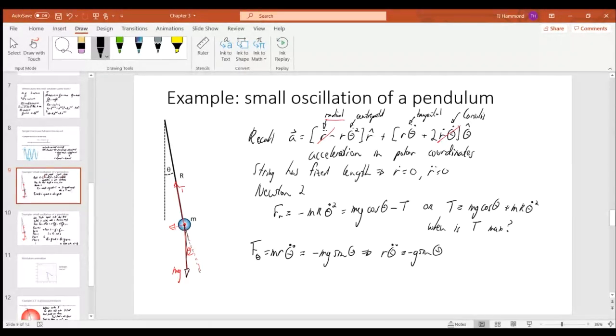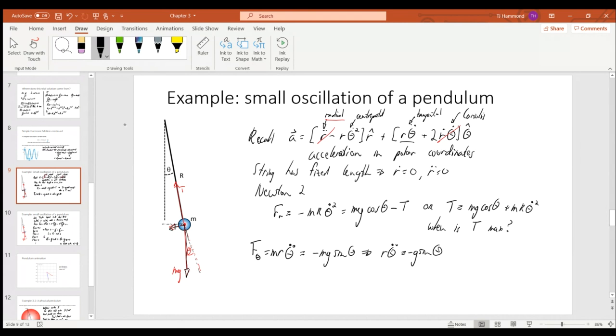You also have the force in the tangential direction, so f theta. And so the term that's remaining in f theta is, of course, r theta double dot. And so you have the mass times r theta double dot is going to be negative mg sine theta. And so that is this component here, this is a horizontal component along here.